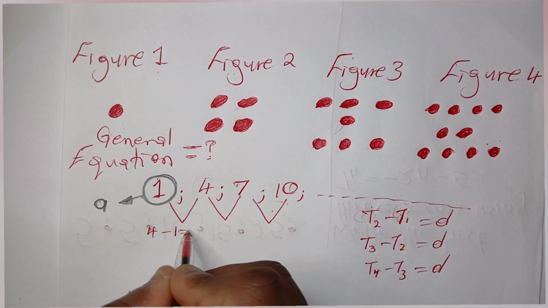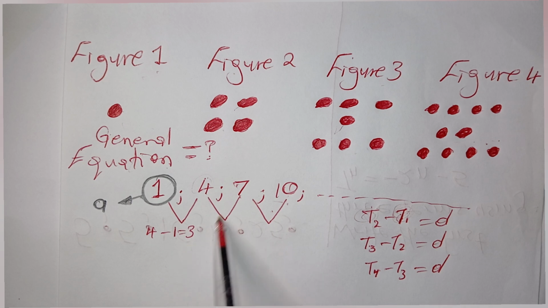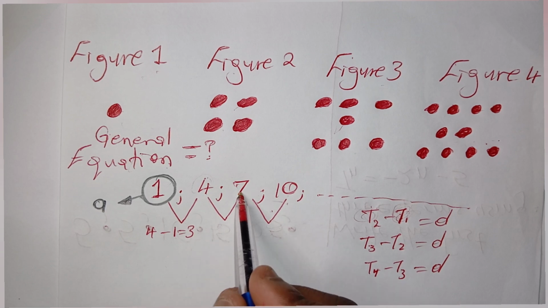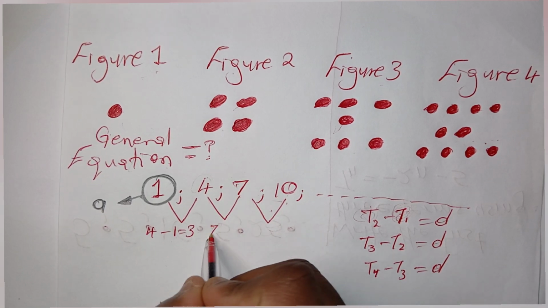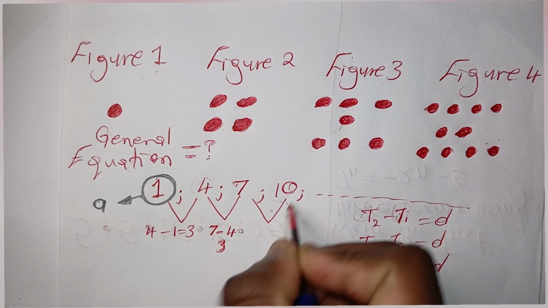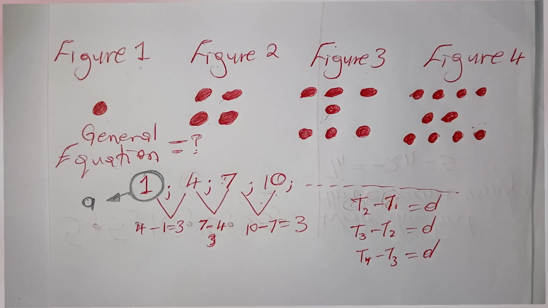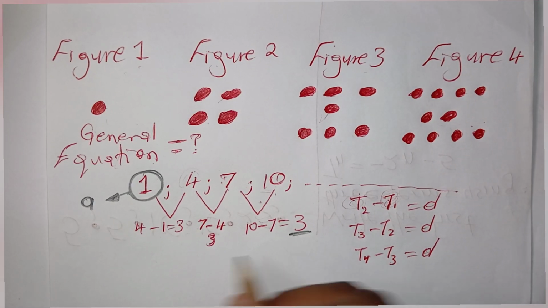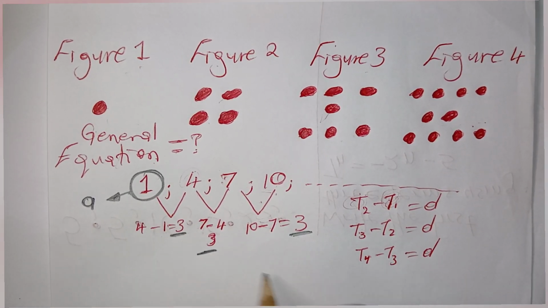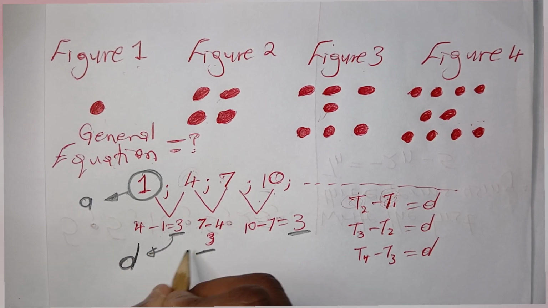Final minus the starting will give me 3. So here I must also get 3, because a difference must be the same. So our difference D is equal to 3.